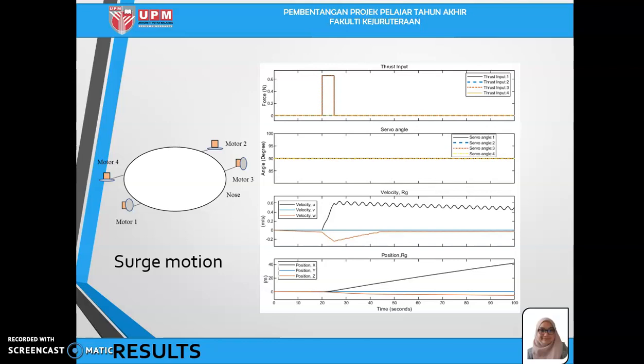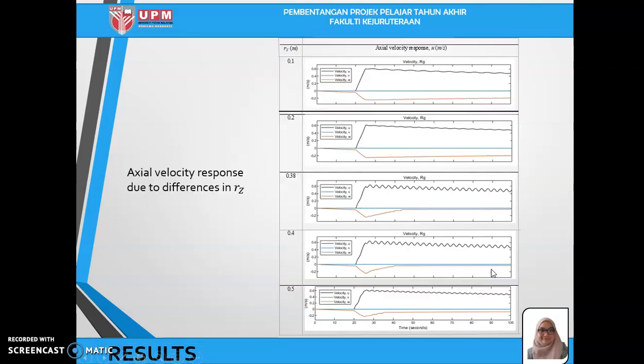And you can see that at velocity u, it moved forward, but it has pitch motion as well. This is due to the difference of COB and CG, the RZ, and it is called pendulum stability in pitch motion. And you can see that it moved in the X direction from 0 meter towards 40 meters.